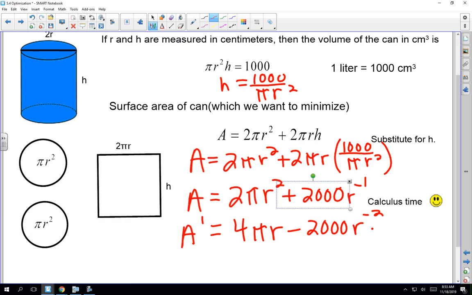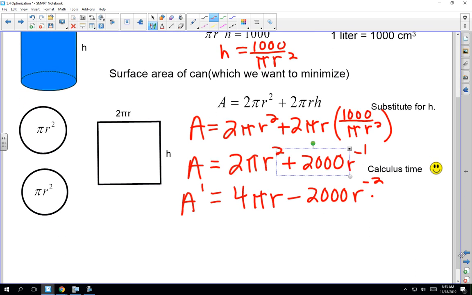And as soon as we introduce two different terms, you're going to take one term, move it over to the other side, and cross multiply to solve. So here's what this looks like. If I set it equal to 0, I've got 0 equals 4 pi r minus 2,000 over r squared.